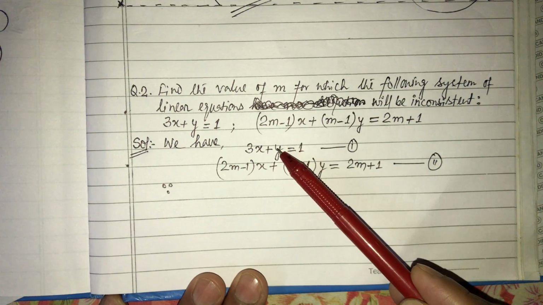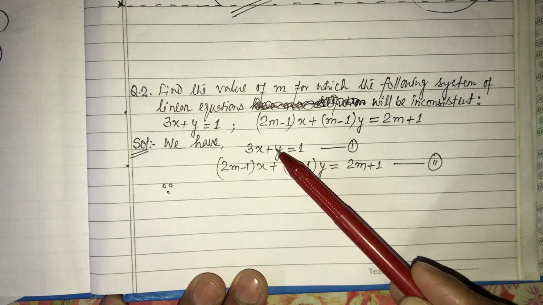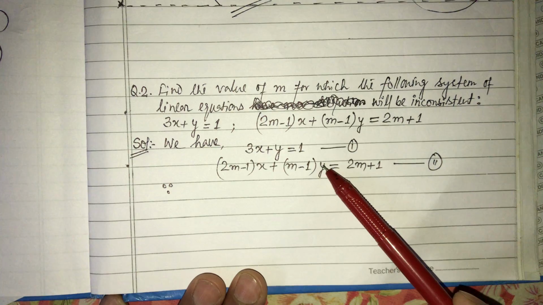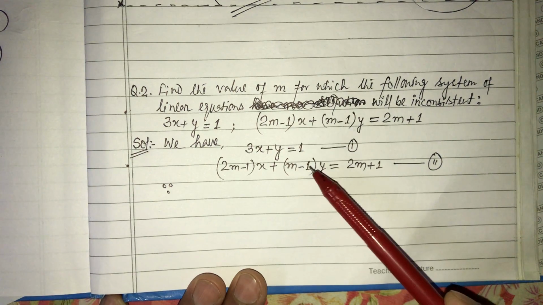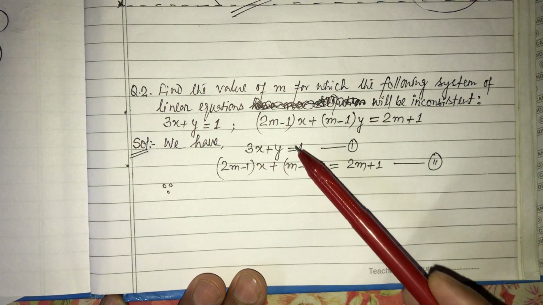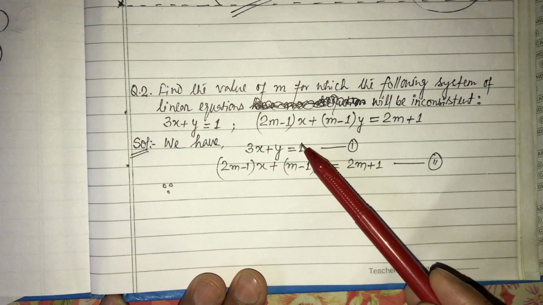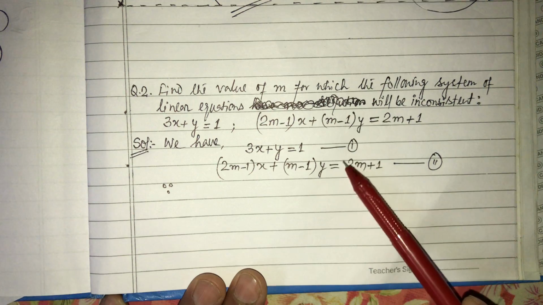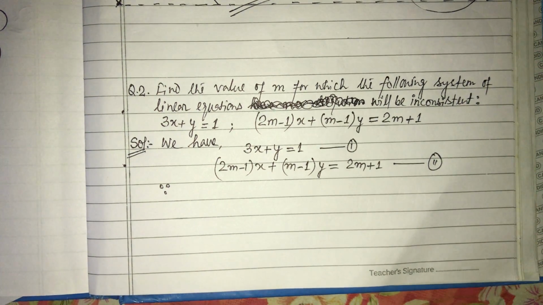Similarly b1, coefficient of y is 1, and in the second equation coefficient of y is m minus 1. So this whole bracket term is b2, b1 is 1, and this constant term c1, and this is c2. Okay, now let's see.